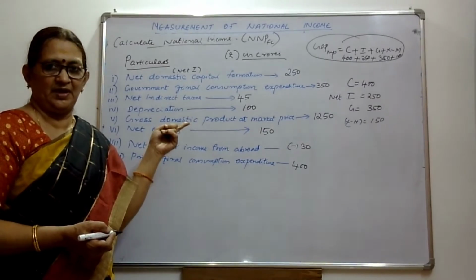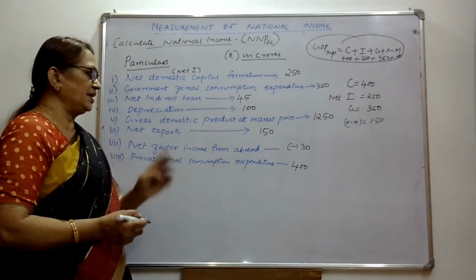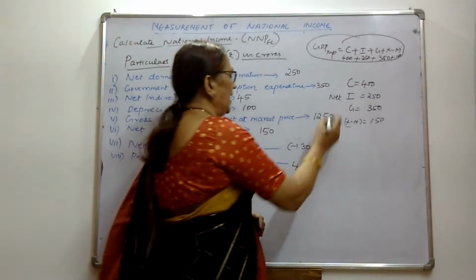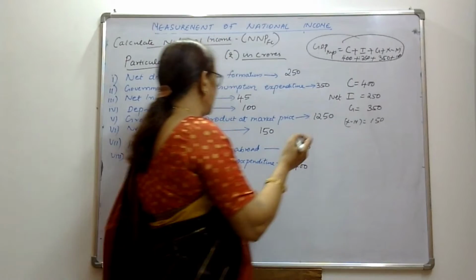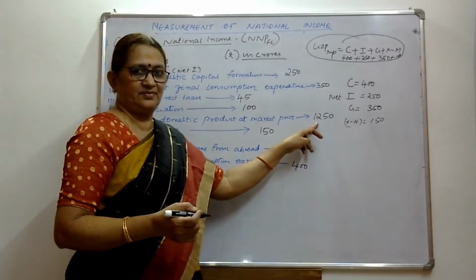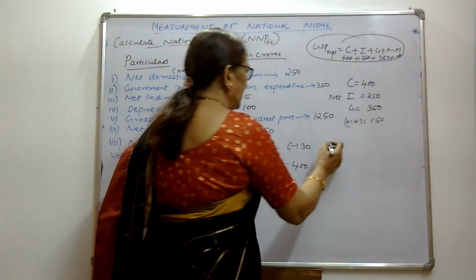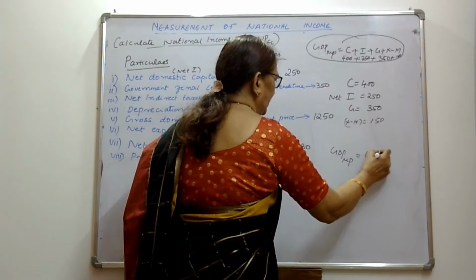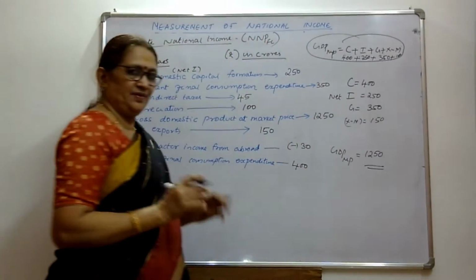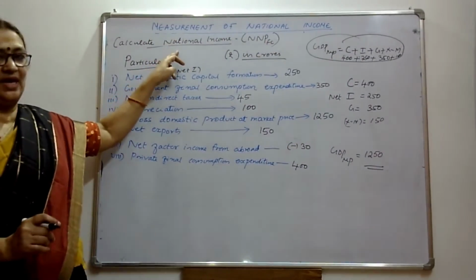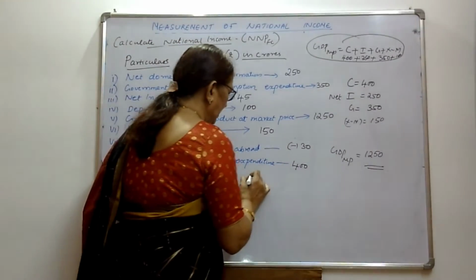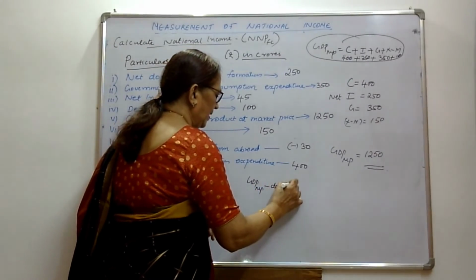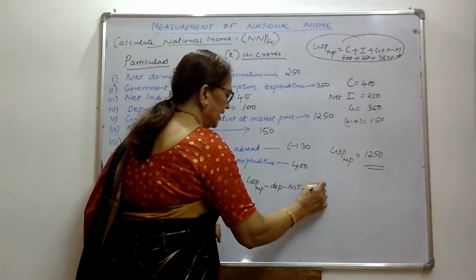In another way we can do it. GDP at market price is given directly, that is 1250 crores. So how can we derive national income? GDP at market price minus depreciation minus net indirect tax plus NFIA.